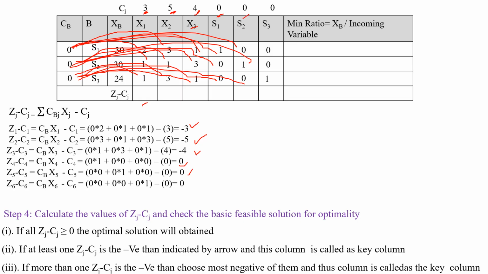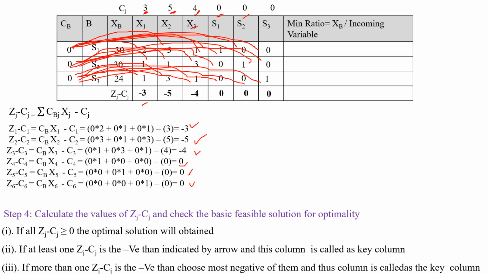And Z6 minus C6 for the sixth variable, that is S3, is 0 into 0 plus 0 into 0 plus 0 into 1 minus 0, which is 0.